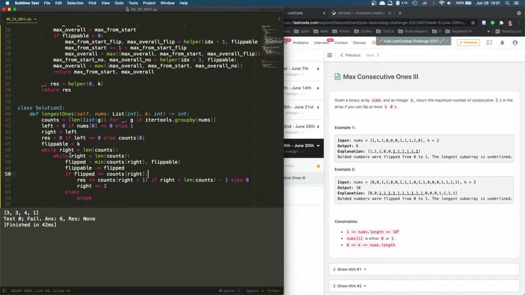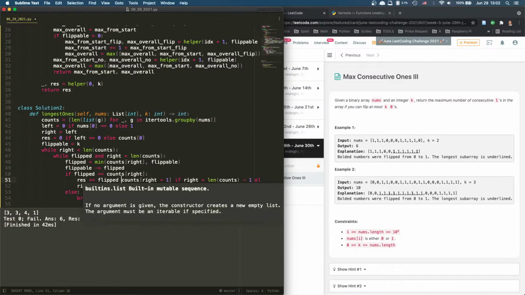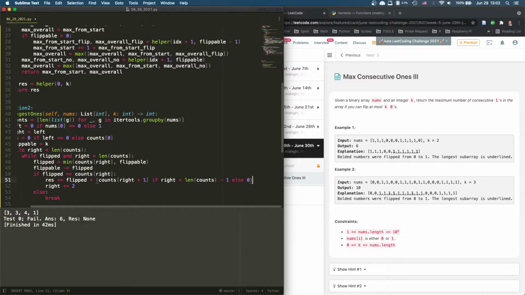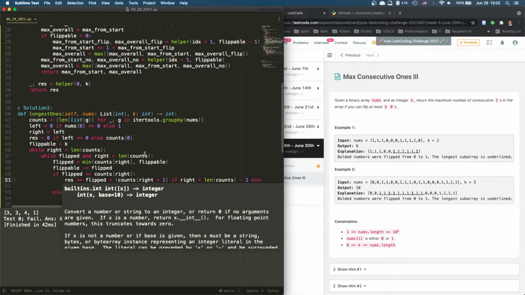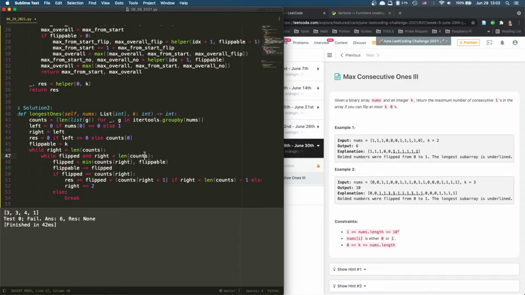And now we do need flipped here. So if the flipped is the same number as the counts, then res plus equal to, of course we're going to plus flipped and plus the counts. So flipped and the counts, and the right moves on.